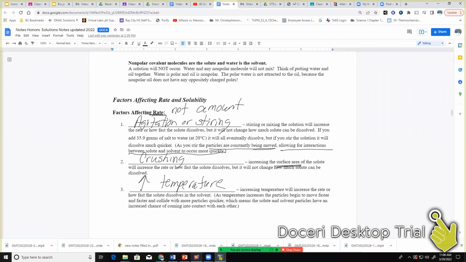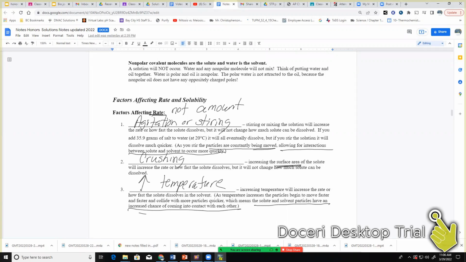Last unit, we said that temperature, Kelvin temperature specifically, is a measure of the kinetic energy. So if I increase the temperature, I increase the kinetic energy. So once again, solute and solvent particles are moving around more, and so they have an increased chance of coming in contact with each other. So all three of those in some way allow solvent and solute to interact more.